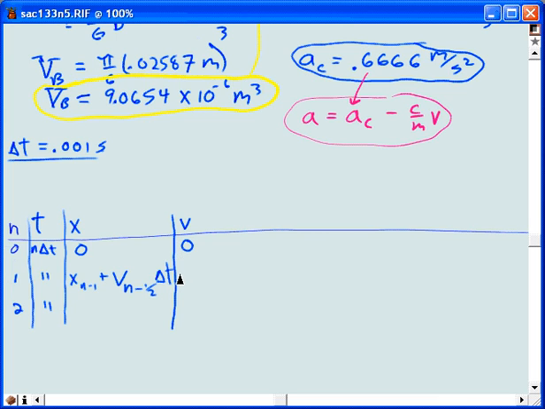The velocity at time n times delta t when n is equal to 1 is going to be equal to the previous velocity, so n minus 1, plus the acceleration that's appropriate for n is equal to 0 to n is equal to 1. So it would be like this one minus a half, which is the same thing as this one plus a half. So I'll call it, I'm on n, so I'll say it's n minus 1 half. And then times the delta t.